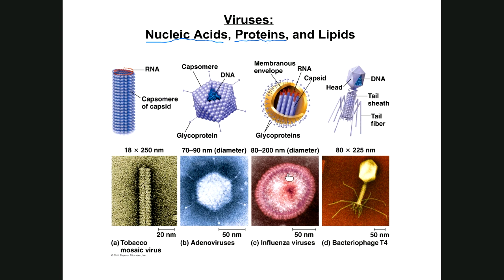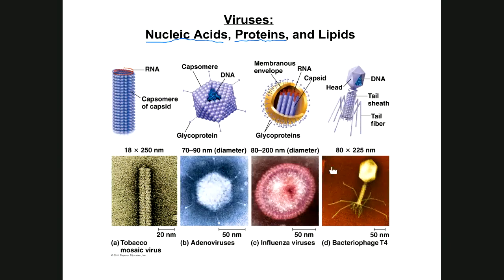If you look down here, they're giving you 4 viruses. In addition to TMV, tobacco mosaic virus, they're giving you adenoviruses, which are associated with the common cold, like rhinoviruses, influenza viruses, and bacteriophages such as T4. There are many bacteriophages. Up here, they're giving you simple diagrams. Here, they're giving you the EMs.